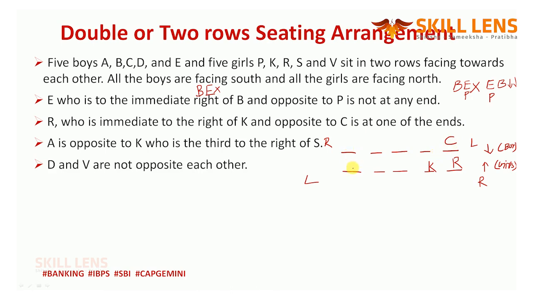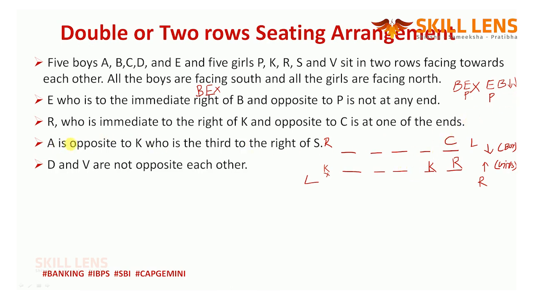Because if you place R here, K is to the immediate right, so I have to place K here. Is this going to be possible? No. So the only possibility is that I place C here, opposite R will be there, so K should be here. Okay, hope everybody understood the second point.